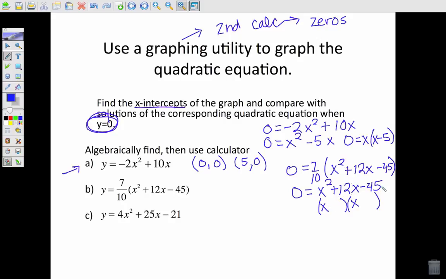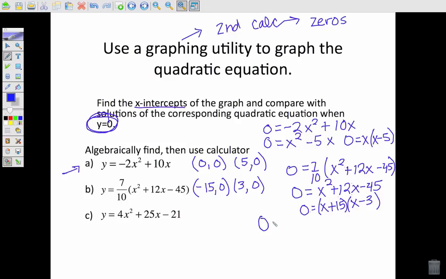It's not 9 and 5, but maybe 3 and 15. So plus 15 and minus 3. Those add to your middle term of positive 12, which then concludes that our intercepts are (-15, 0) and (3, 0). You want to make sure you list your intercepts as ordered pairs.